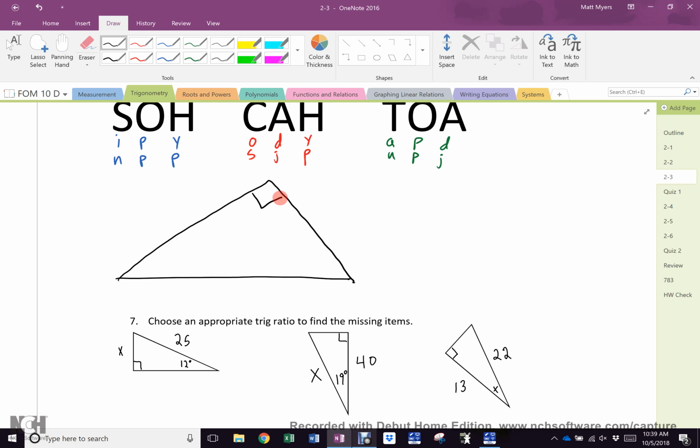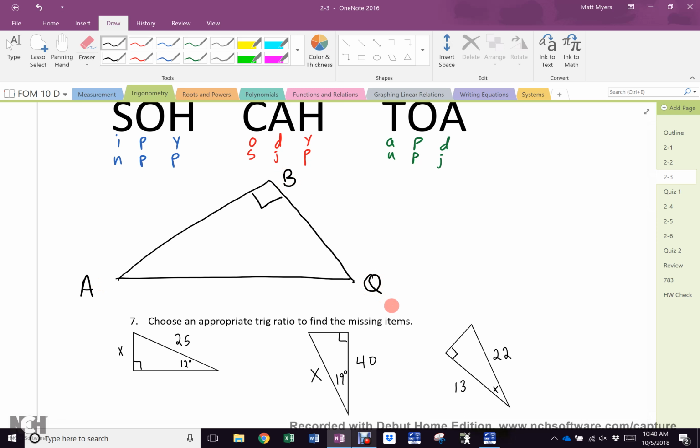I'm going to label the angles. When I label the angles, what kind of letter will I use? Capital letters. Excellent. I'm going to use, I want to do this sensibly, A, B, and Q. I'm choosing Q on purpose because now I want you to label the sides.